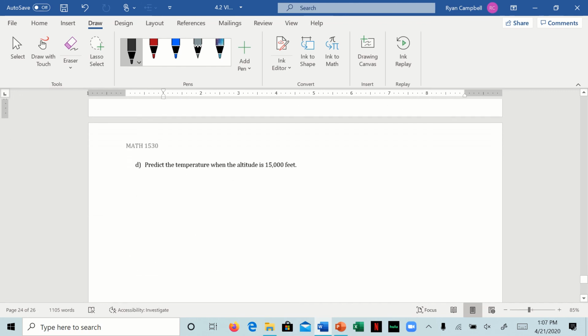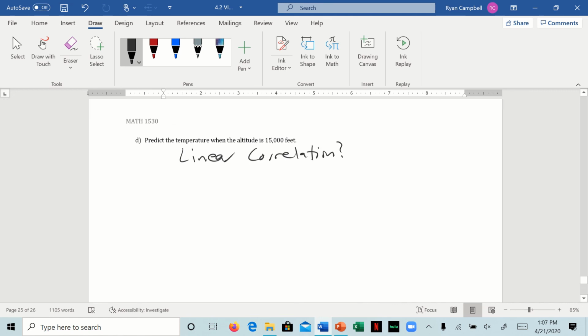All right, let's do predictions. Predict the temperature when the altitude is 15,000. Hopefully we ask ourselves our super secret question: is there a linear correlation? To figure that out, we go into our LinRegTTest and look at our p-value. Can it be bigger than 1?